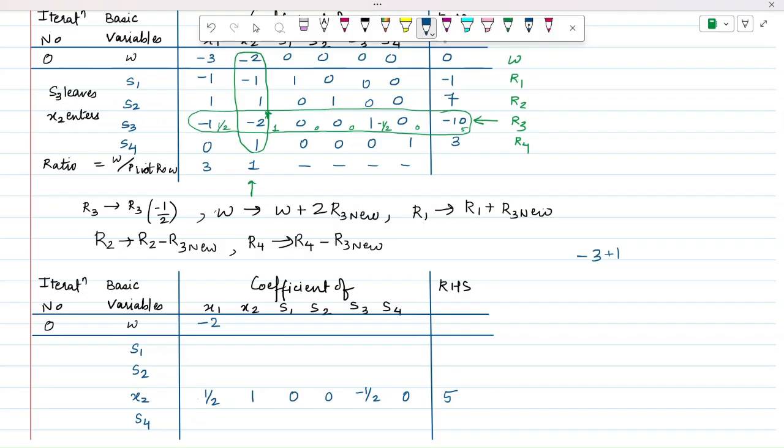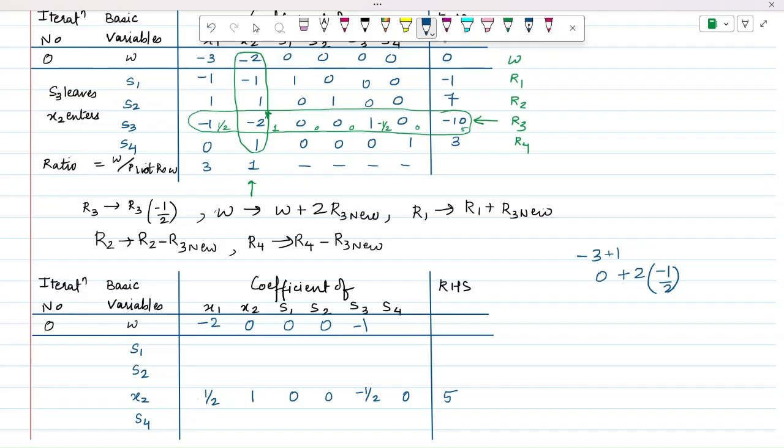Then -2 plus 2 is going to give me a 0, and then a 0 continues. This 0 continues. This is going to give me 0 plus 2 times negative half, which is going to give me a negative 1 here. Correct? And then we'll have S4 having no impact, so S4 remains the same.